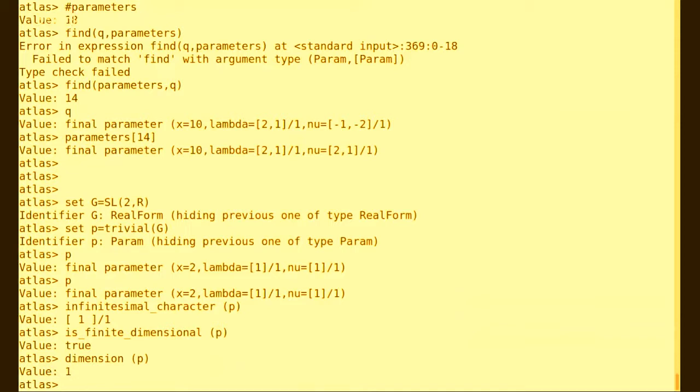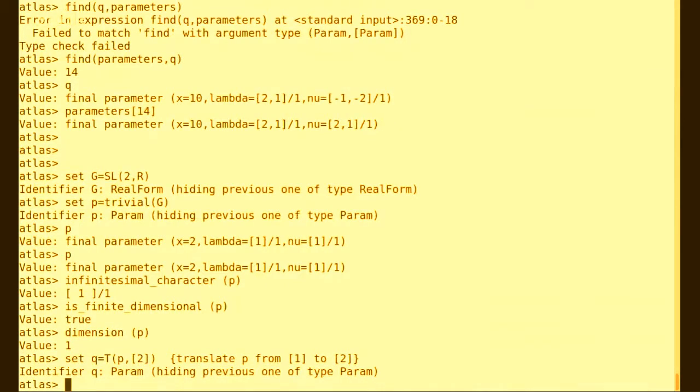Now, the translation principle is extremely useful. Let's set Q equal to the translation of P to 2. What this means is translate P from 1 to 2. And by translate, I mean apply a Zuckerman translation principle.